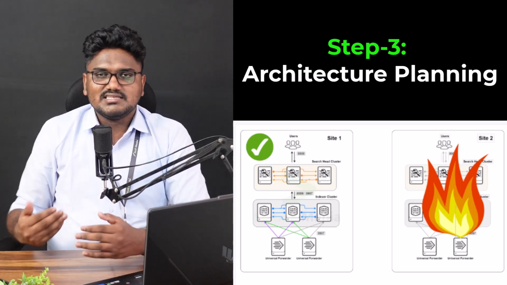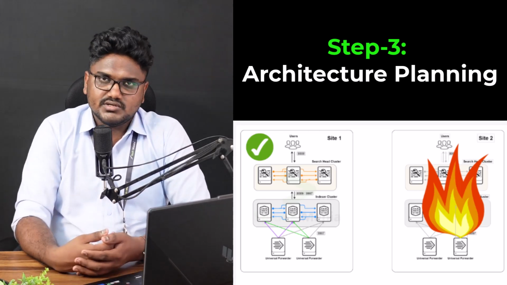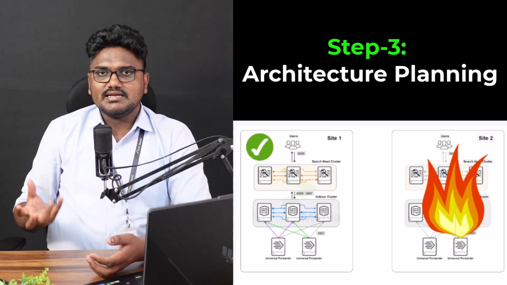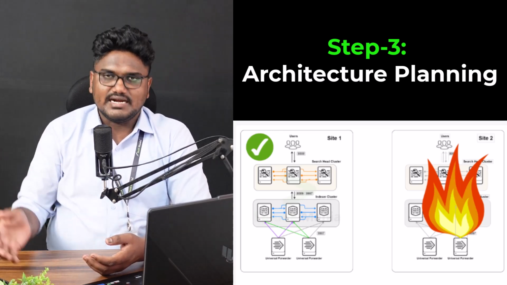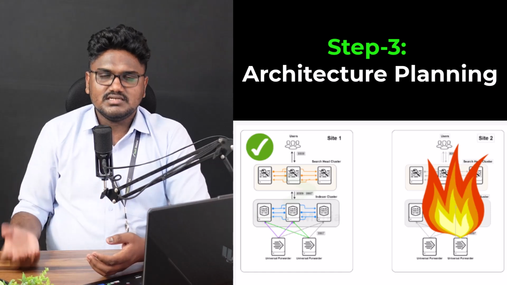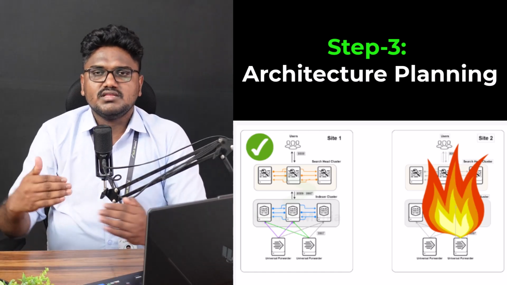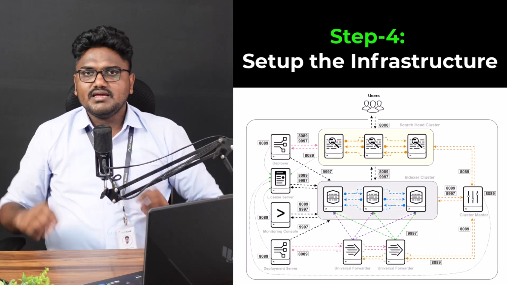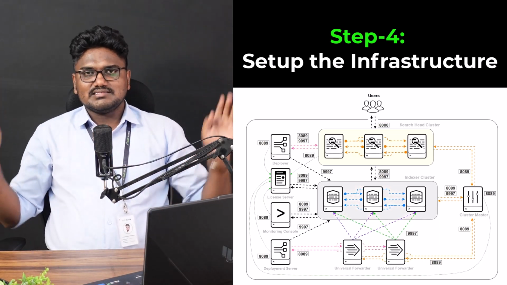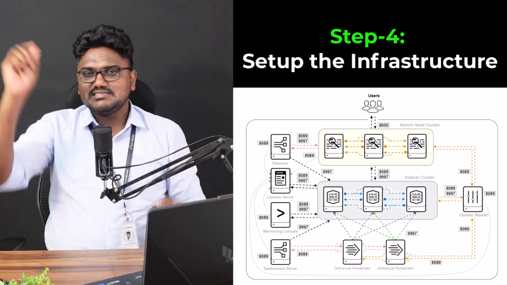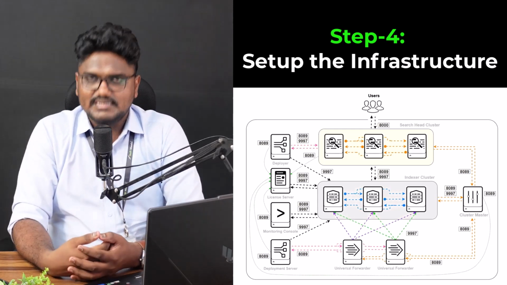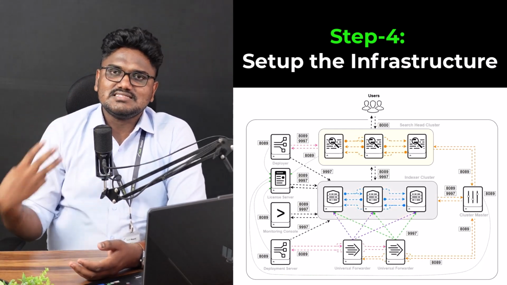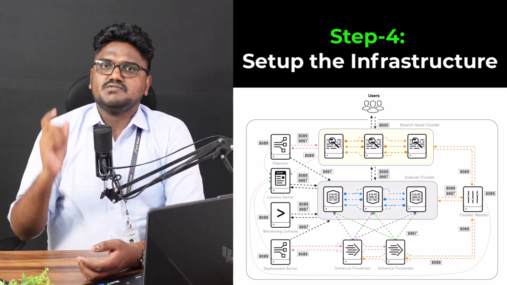This architecture planning will support business continuity. So as an architect, you decide a lot of strategies and procedures, then everything boils down to the final architecture diagram, where you will have a complete architecture diagram prepared with each and every connection written into it.